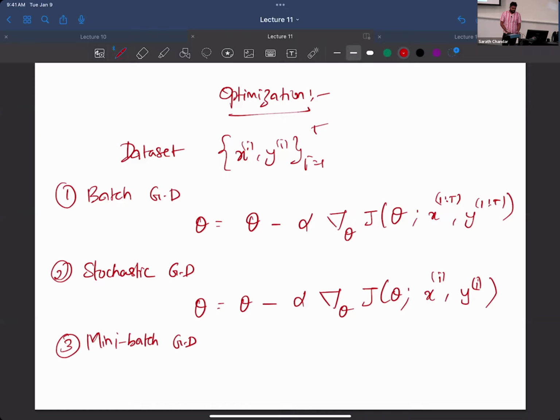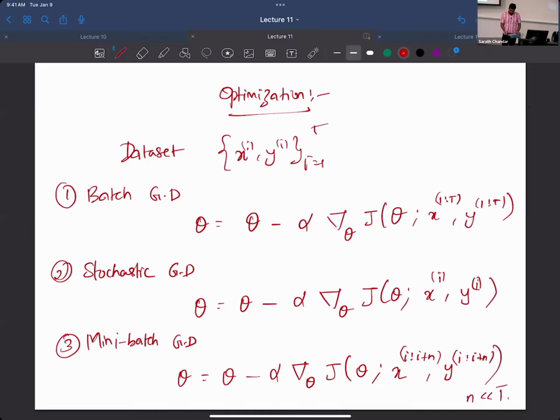The idea of mini batch gradient descent was theta is equal to theta minus alpha times the gradient for a small batch of examples, xi to i plus n and yi to i plus n, where n is much less than t. Is that clear?